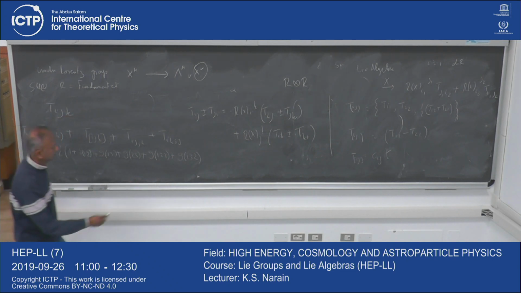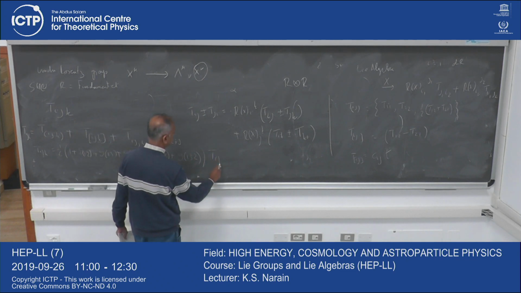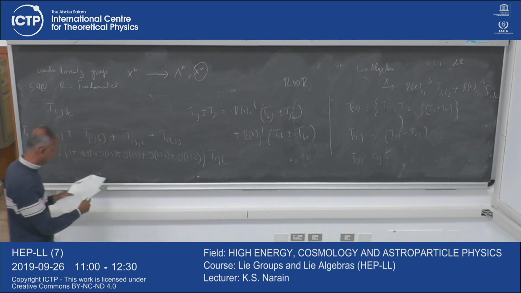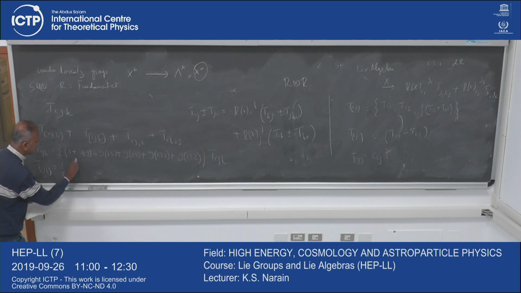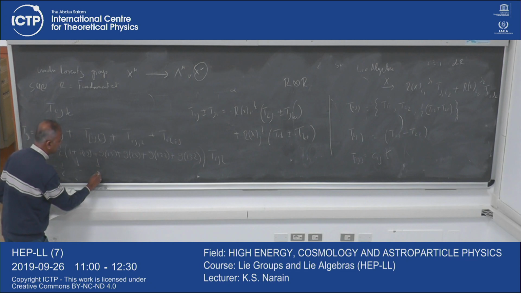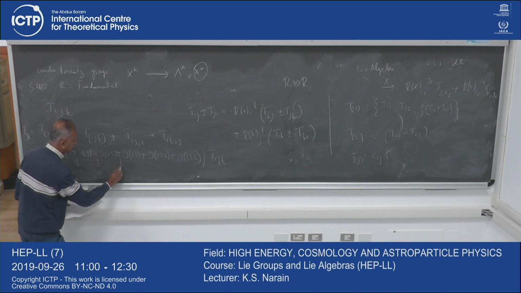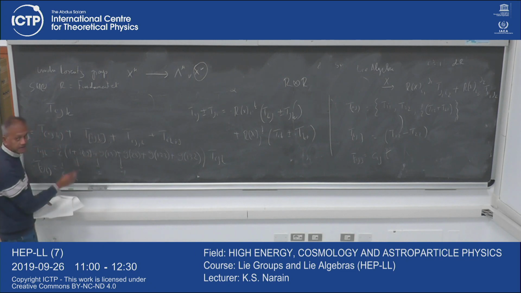So this acting on Tijk. Okay, and similarly everything else is given. So Tijk, totally antisymmetric, is the same, except you give a minus sign here, and minus sign here. So plus goes to minus here, just for these 3 elements.